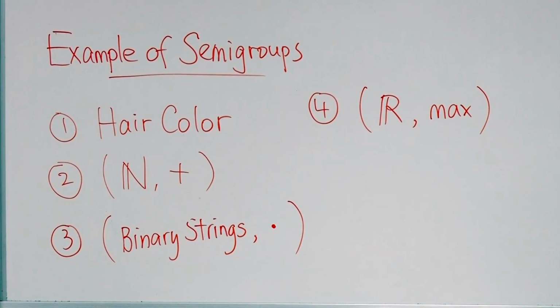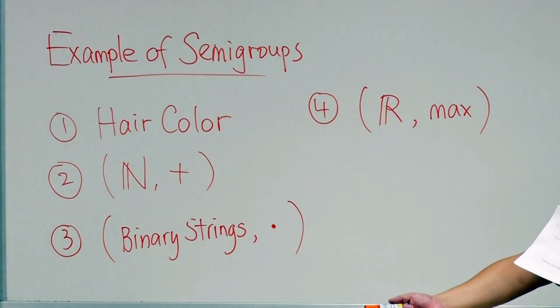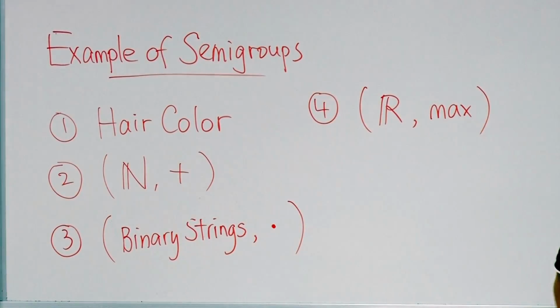You start with two real numbers, and the maximum must be one of them, so it is still in the real number set, so it is closed. For the max of A, B, C, no matter whether you compare AB first or BC first, you get the same result. So max is also an example. This is the so-called semi-group.